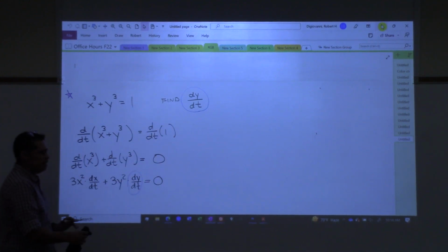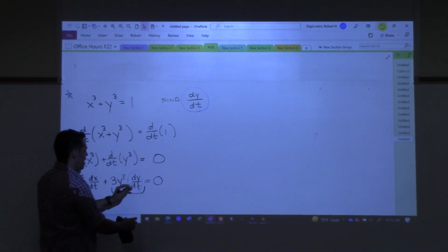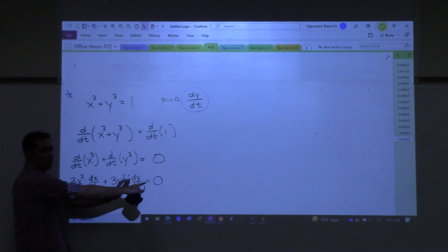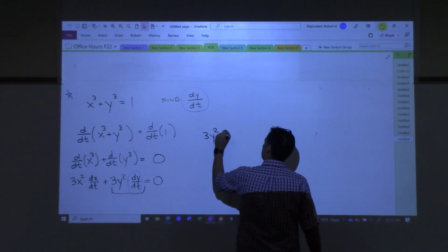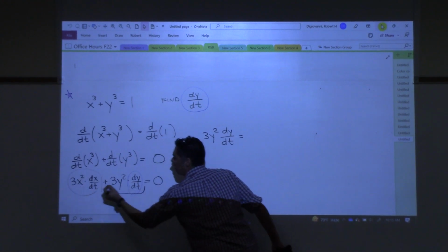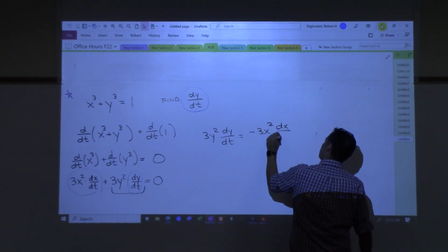Let me do it. So you see this dy dt is a term, right? This does not have dy dt in it, so I'm going to move that to the other side. So my next step would be 3y squared dy dt equals, if I move that to the right-hand side, it becomes negative 3x squared dx dt.